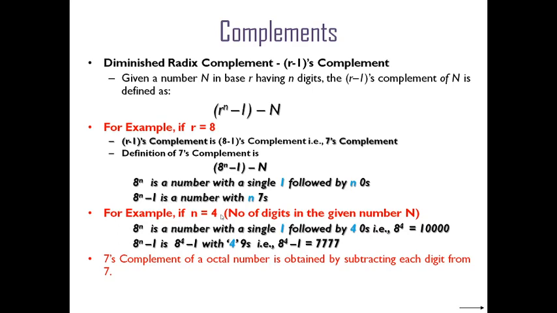For example, if the number of digits in the given octal number is 4, then 8 power 4 is a 1 after 4 zeros. Now 8 power 4 minus 1 is 4 sevens. Now the 7's complement will be obtained just by subtracting each digit of the given octal number from 7.